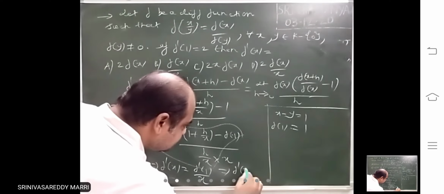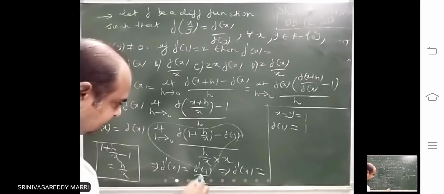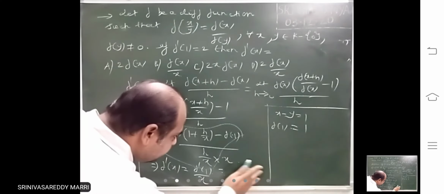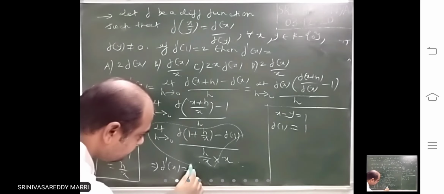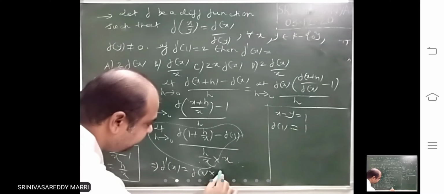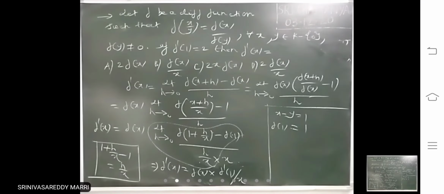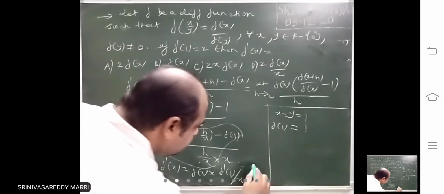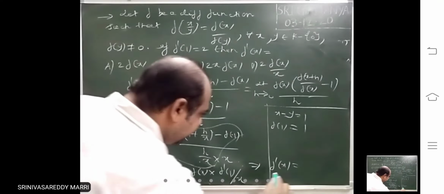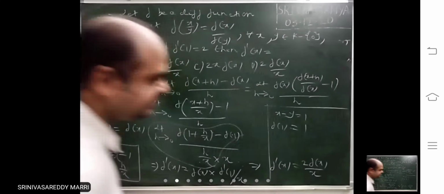That implies f dash x is nothing but f of x into f dash 1 divided by x, which is 2 into f of x divided by x.